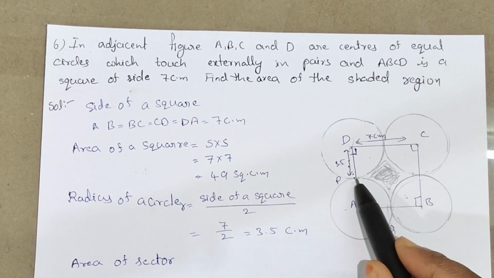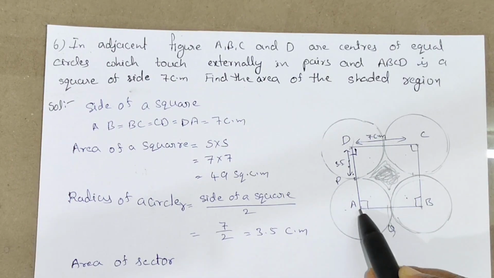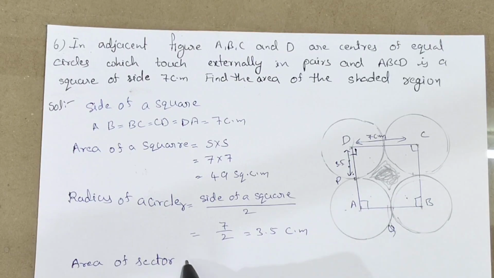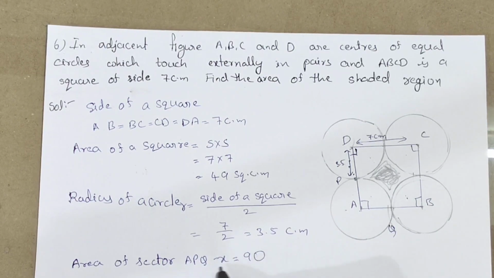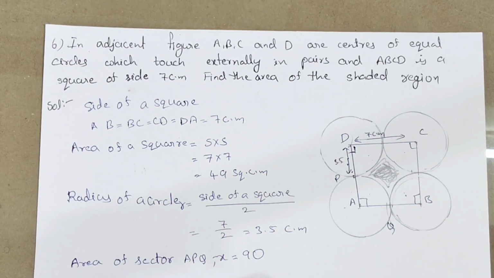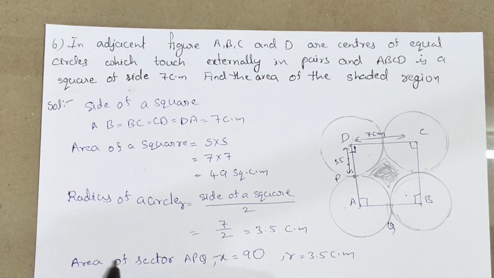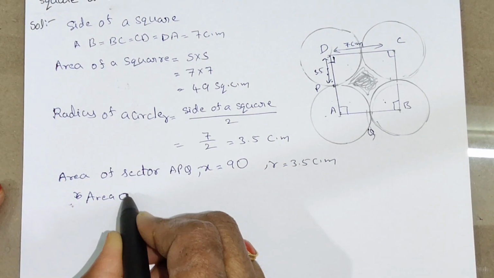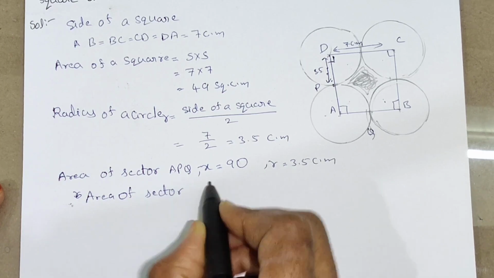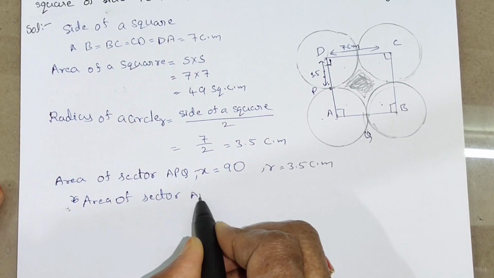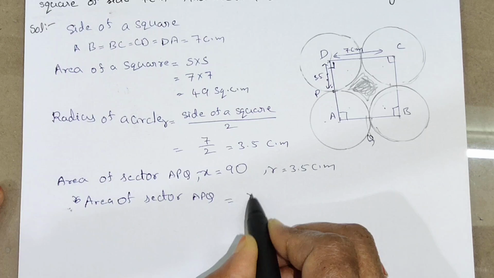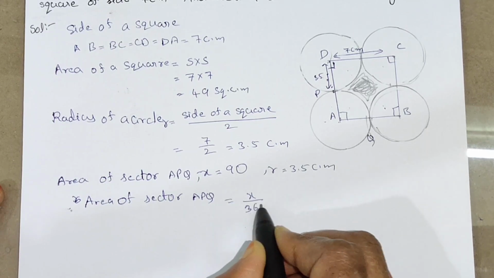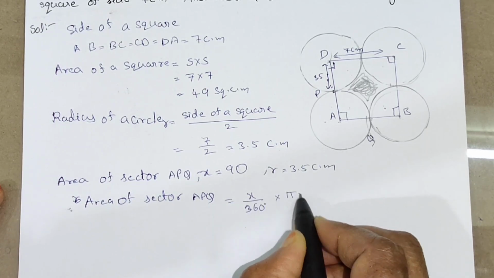Area of sector PAQ, with x equal to 90 degrees and radius R equal to 3.5 centimeters. The sector formula is x by 360 degrees into pi r square.